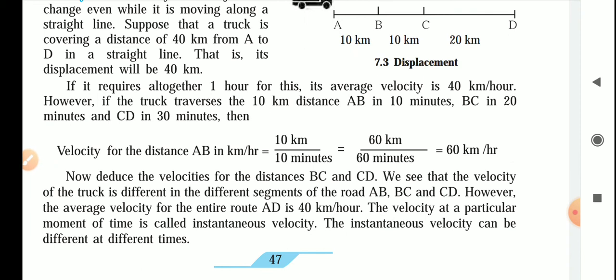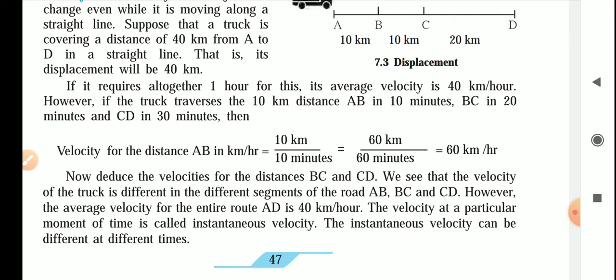Now we see that the velocity of the truck is different in different segments of the road AB, BC and CD. However, the average velocity for the entire route AD is 40 km per hour. Velocity for different sections is different, but average velocity for the entire route AD is 40 km per hour.